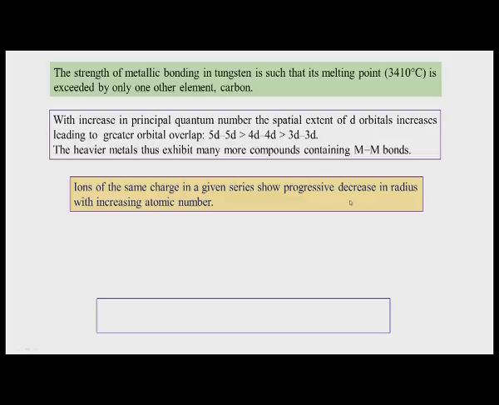This will have a particular advantage, and we will find afterwards when we talk about coordination compounds that the size also plays an important role in the interaction between the metal ion and the ligand. That means the coordinate bond is forming between the metal ion and the ligand. So the metal ion size will also define the distance between the metal and the ligand.